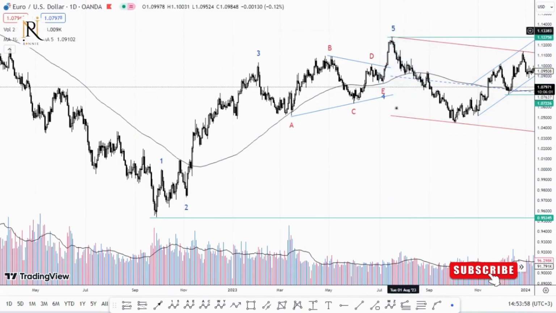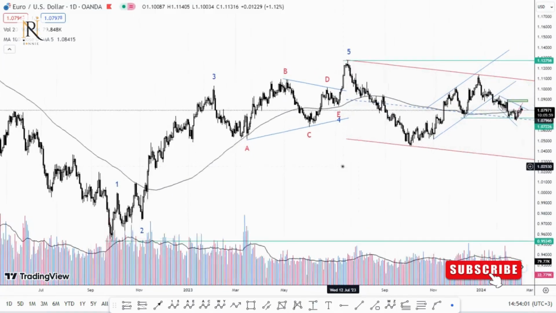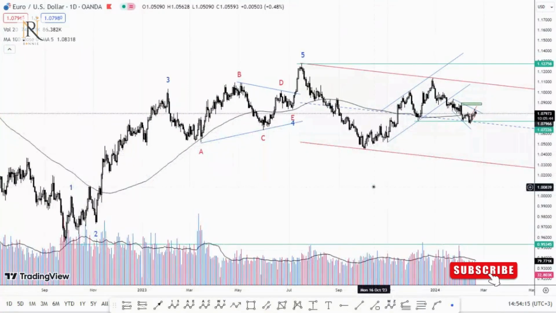Or we can have other ways to measure, other ways to give us a target on the end of wave 5, because that is something very important. If you watch most of my videos, you will realize what I'm talking about.